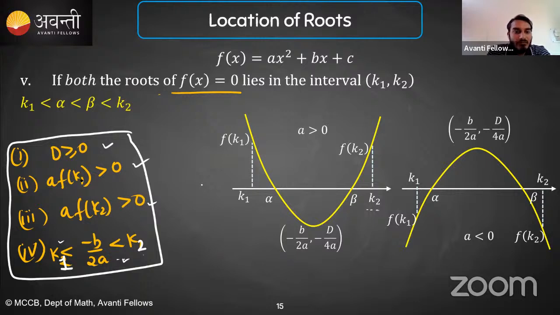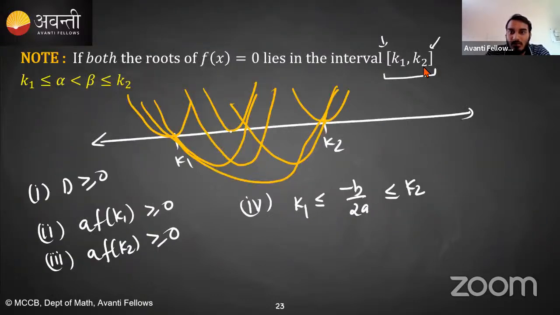Why? Because if one of the roots is K1, then that will not count in the condition. Yes or no? But now in this case, at K1 and K2 we have a closed bracket. It means if one of the roots is K1 or K2, then that condition is acceptable.